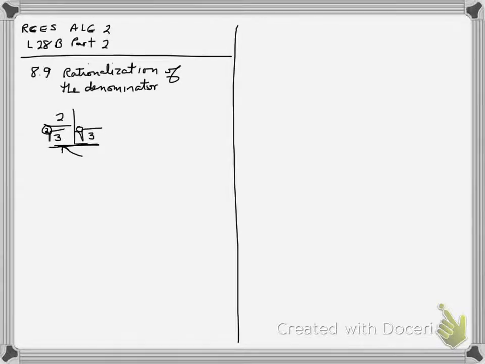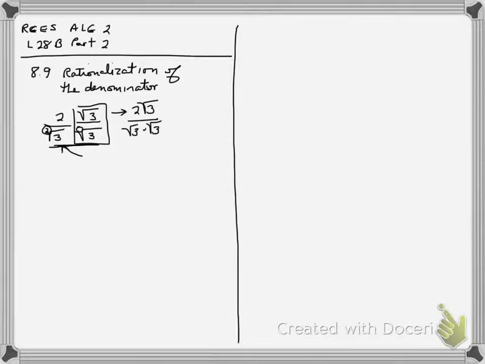Now I can only multiply it if I multiply both the denominator and the numerator by the square root of 3, because anything over itself will be 1, so I'm not changing the value. So if you look at this now, what that looks like is 2 over the square root of 3 times the square root of 3 over the square root of 3.